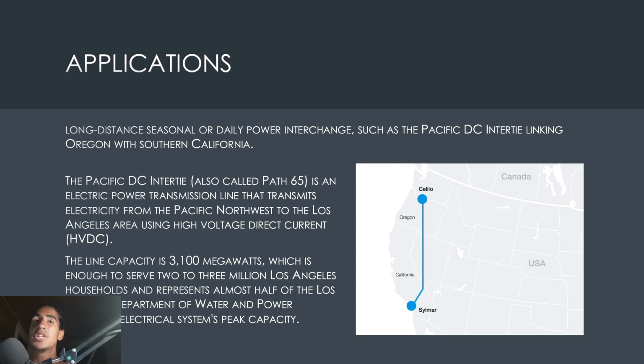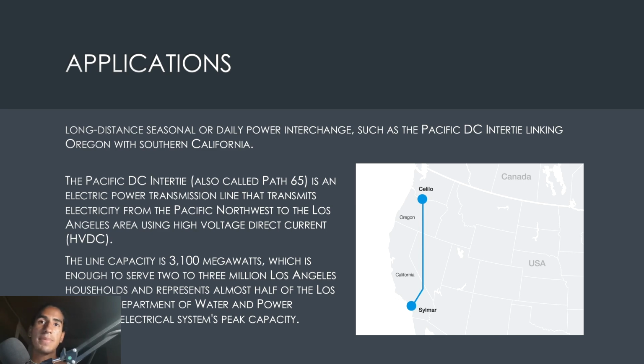Another application is the long distance seasonal or daily power interchange, such as the Pacific DC Intertie linking Oregon with Southern California. Path 65, as they call it, is an electric power transmission line that transmits electricity from the Pacific Northwest to the Los Angeles area using high voltage direct current, so HVDC.